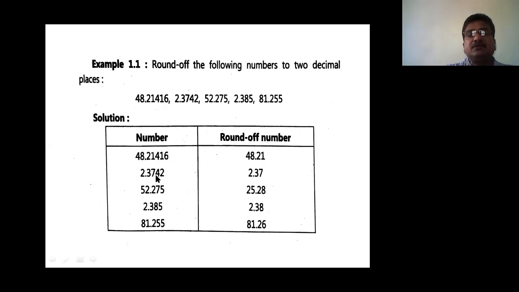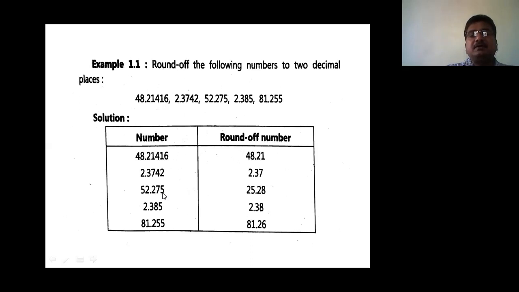Okay, so you have to remove from this number 4, 2. First discarded digit is 4, less than 5, so no change. 2.37 is the rounded number. So here we have to discard the number after 7, that is, we have to remove only the 5.